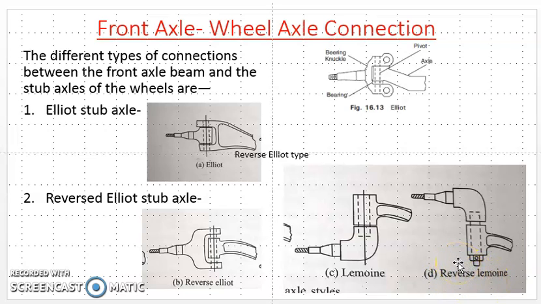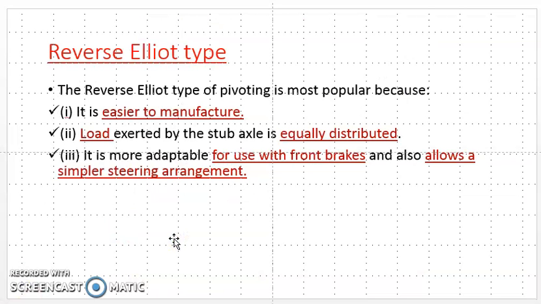Okay, and in this case the reverse Elliot stub axle is more preferred because it is easy to manufacture, the load exerted by the stub axle is equally distributed, and it is more adapted to use with front brakes and allows simple steering arrangement.